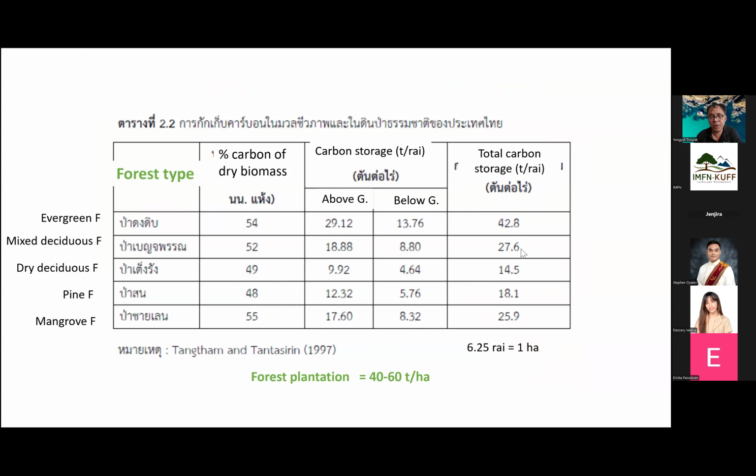About 6.25 rai is equal to 1 hectare. And for forest plantation, for example teak at 20 to 30 years, 1 hectare can keep carbon of about 40 to 60 tons per hectare. It's very large.